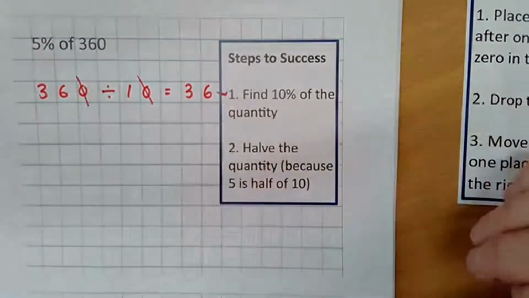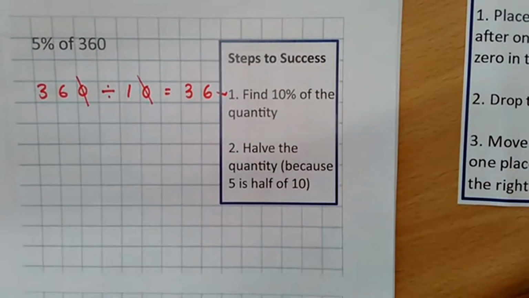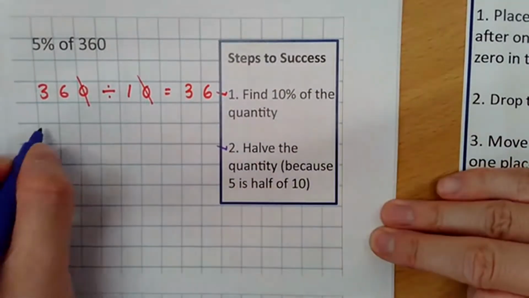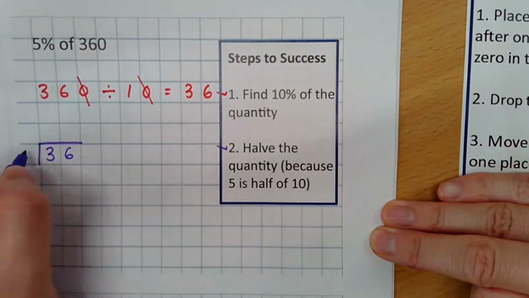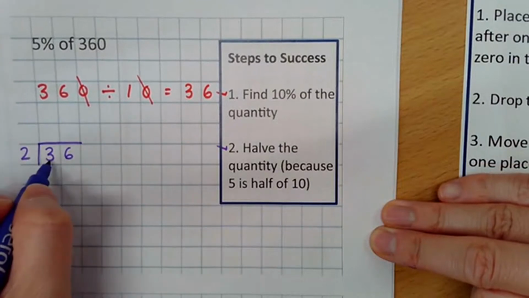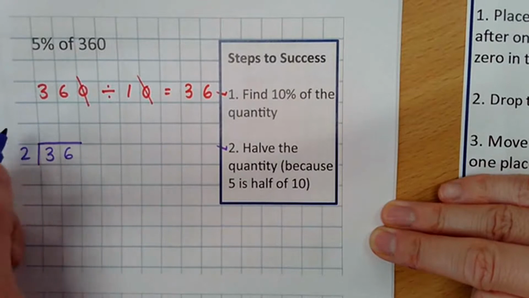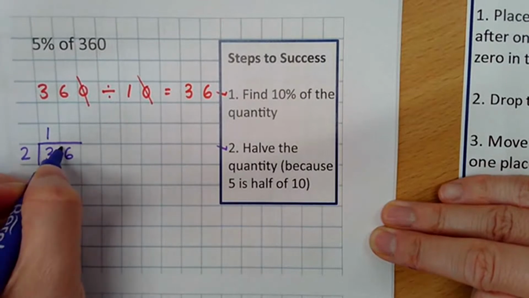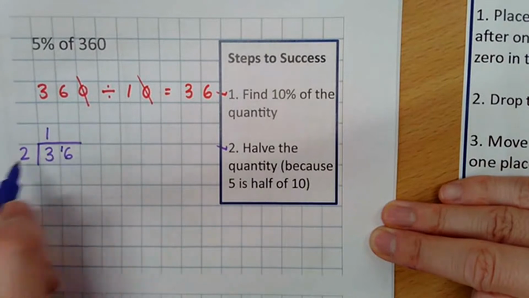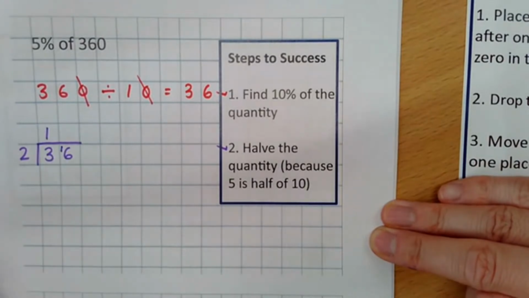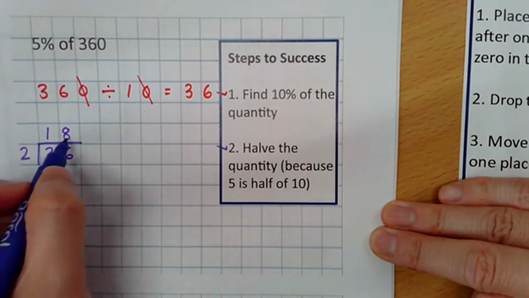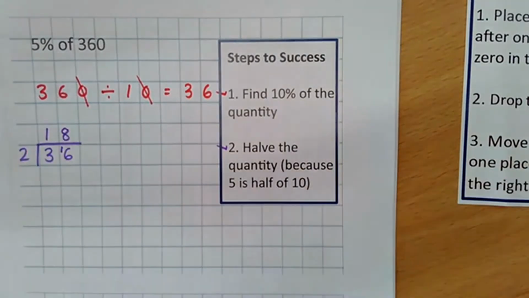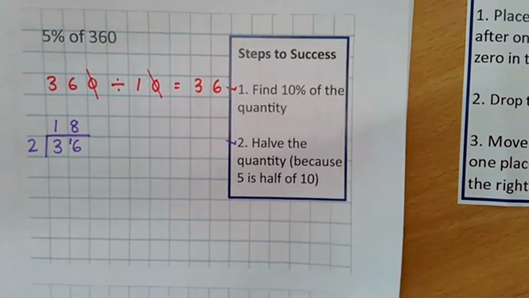Now what's my next step? Good. When I half it, what do I need to divide it by? Good. So my answer is 3 divided by 2 equals 1, what do I need to do? Remainder 1. Good. 16 divided by 2 equals, good. So my answer is 18 of 360. Fantastic.